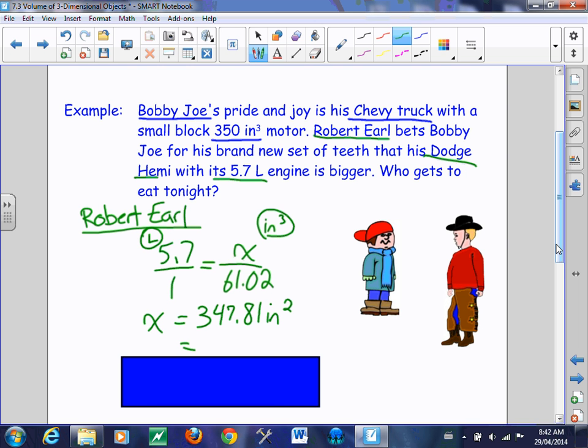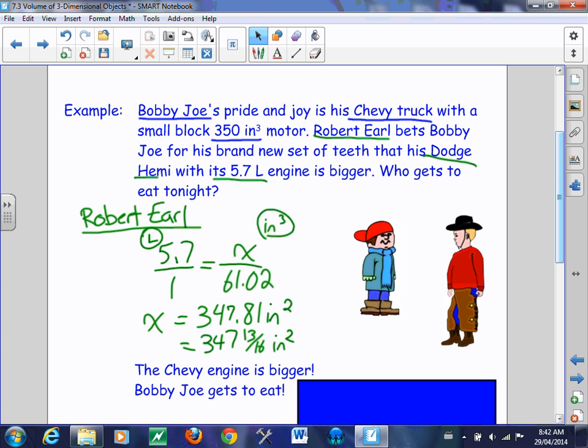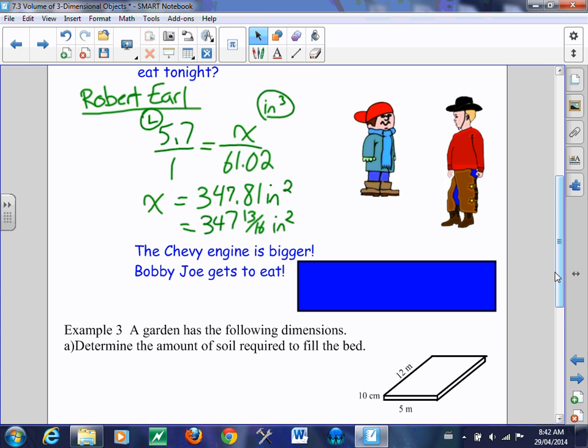However, remember that with math, ladies and gentlemen, when you're in imperial, round that to a fraction because we don't use decimals in imperial. So I got 13/16 inches cubed. And who won the bet? The Chevy engine is bigger because it's 350 inches cubed as opposed to 347. That means that Bobby Joe gets to eat tonight. He's got to share the teeth. That's kind of crazy, but anyway.